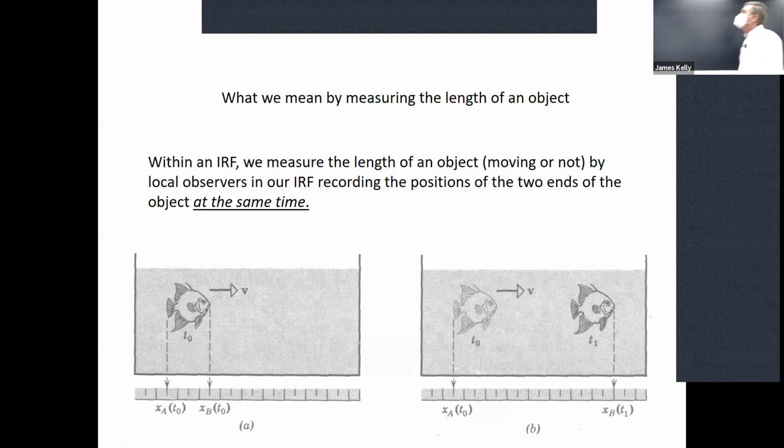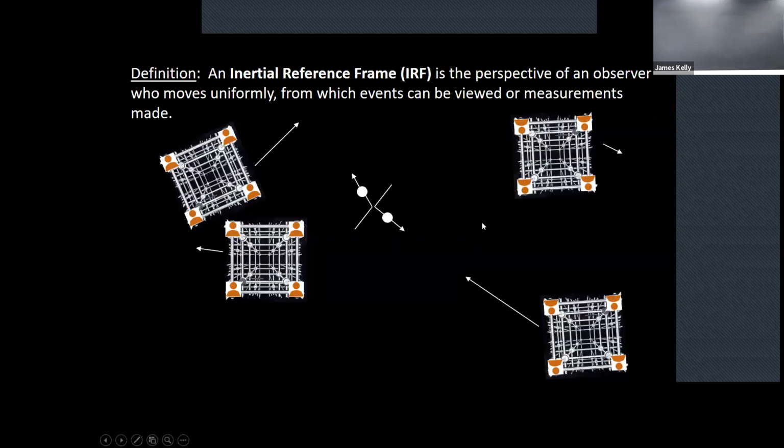If you measure the position of the rear of the fish at an earlier time, and then you wait a little bit and you measure the position of the front of the fish at a later time, you're not getting an accurate characterization of what any normal person would call the length of the fish. The fish in this case isn't this long distance here that's shown on the right. I need to measure the front and the back at the same time. Again, normally we don't think about that because we measure things that we naturally put at rest in front of us. We don't often measure things that are moving by us at great speeds, but this is important to remember. We have to take those measurements at the same time.